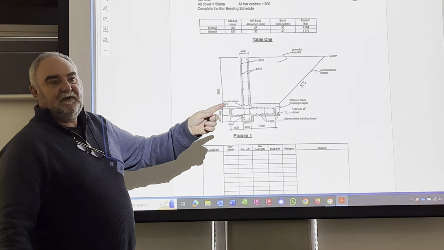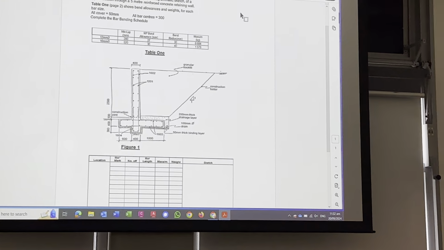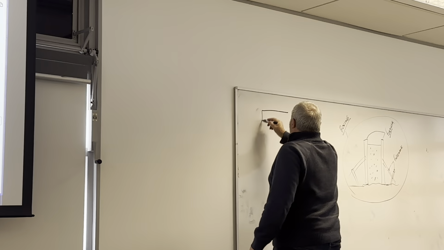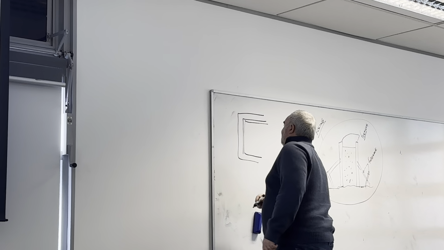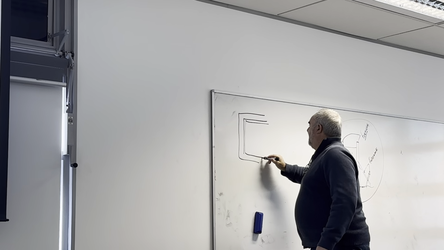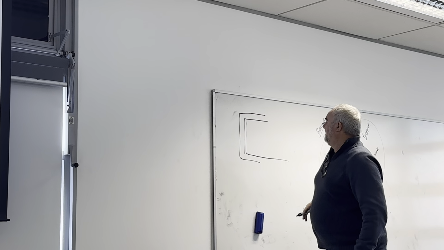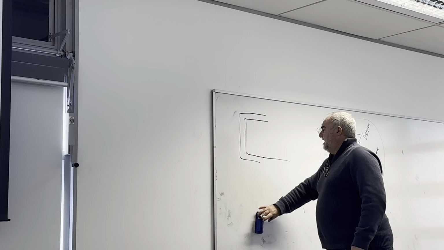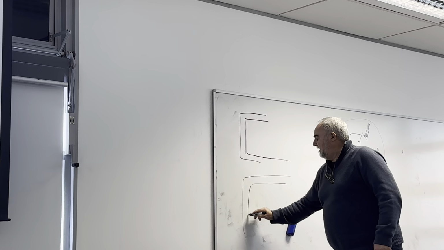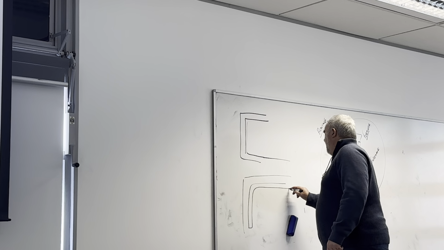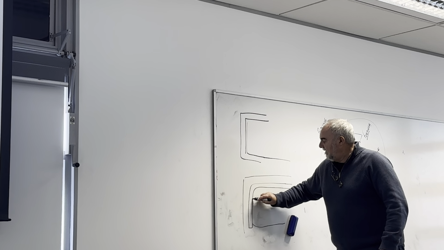Now I'm going to draw a sketch over here of what that actually is, because when you look at that sketch, you think, oh, the bar goes like this, and then the next bar goes like that, right? That's what that sketch kind of tells us, isn't it? No, what it is actually, if I was to draw it properly, one bar goes like that, and the other one at the bottom comes along and goes in behind it, like that.